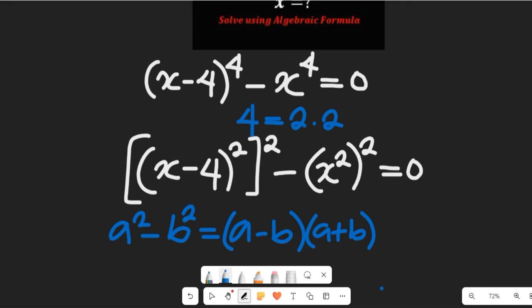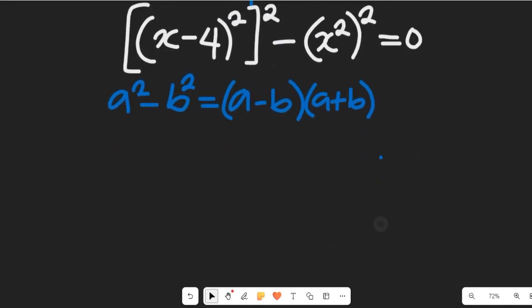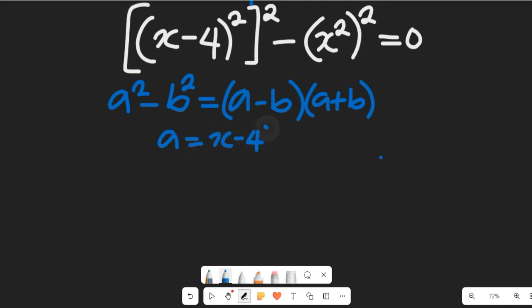With that algebraic expression, we can expand the expression above, because from that expression, our a can now be equal to (x minus 4) all squared, right? And our b can now be equal to x squared. Now let's expand that expression.